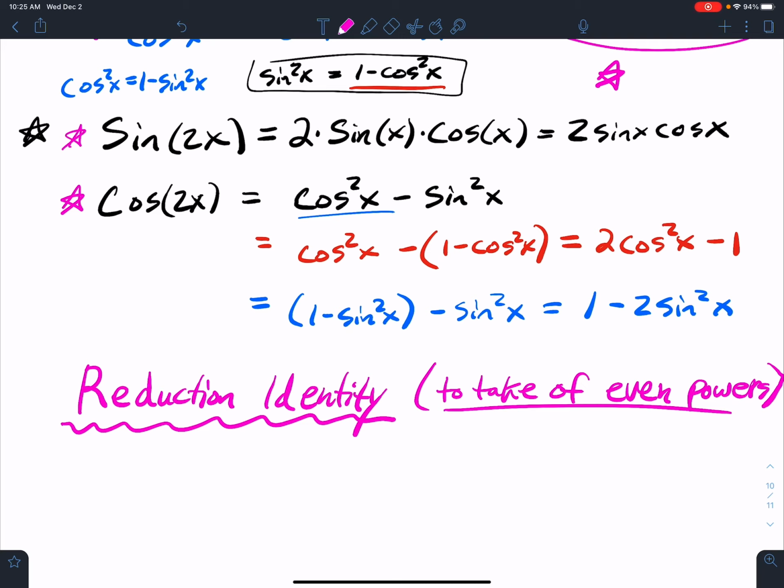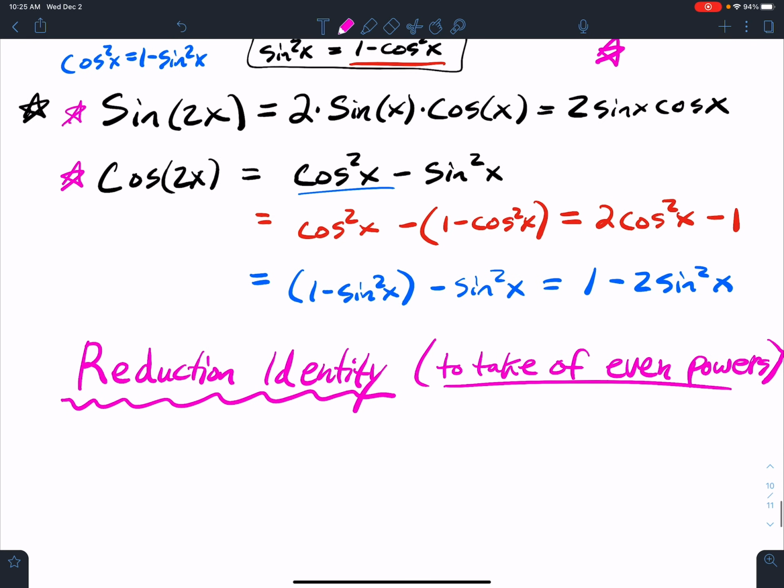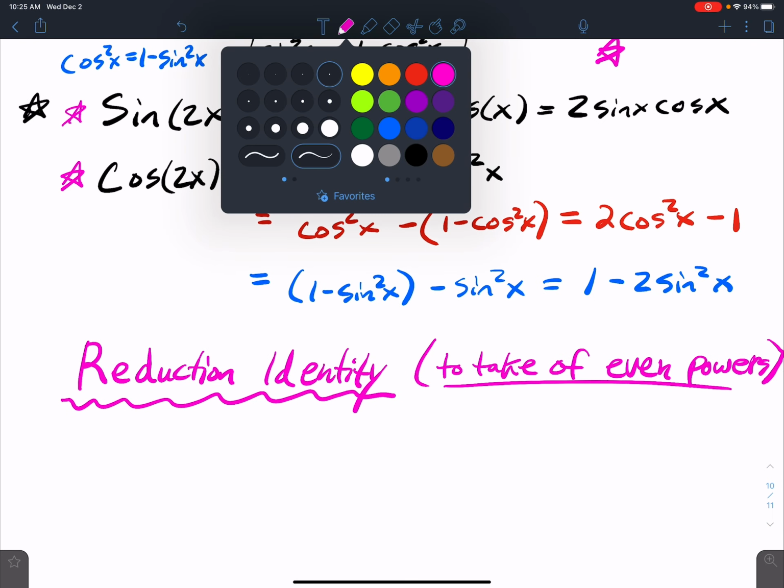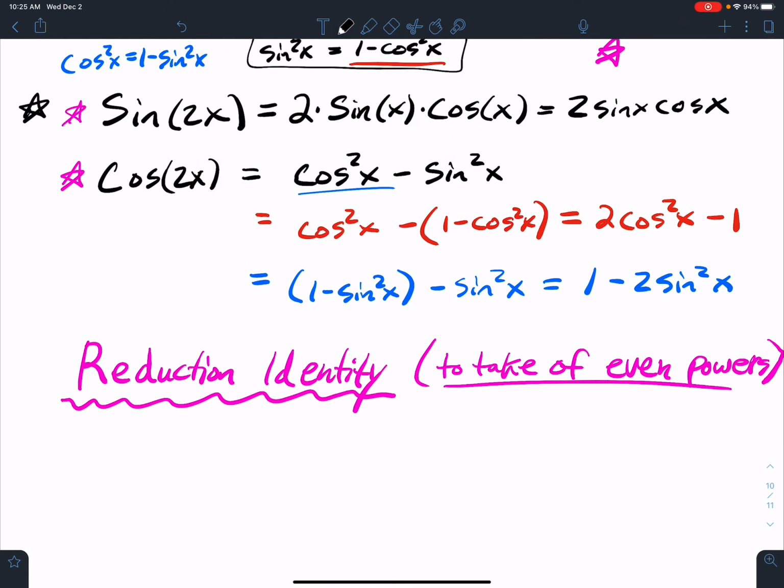Reduction. So how does this work? I'm going from a second degree down to a linear, so to speak, sine or cosine trigonometric function, okay? So in that sense of power and that alone, since sines and cosines aren't linear functions. All right, so reduction identity.